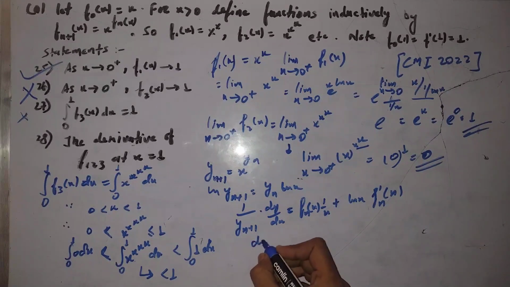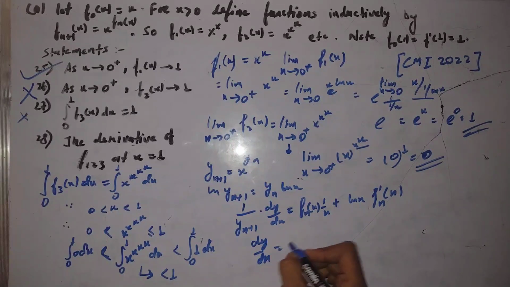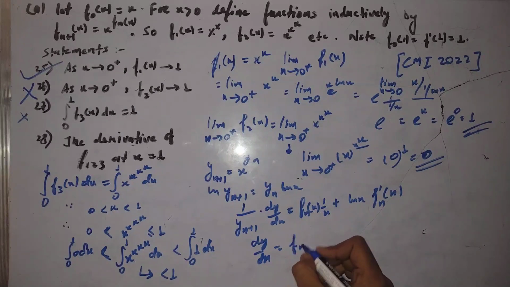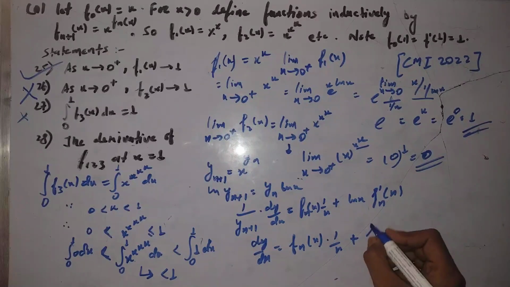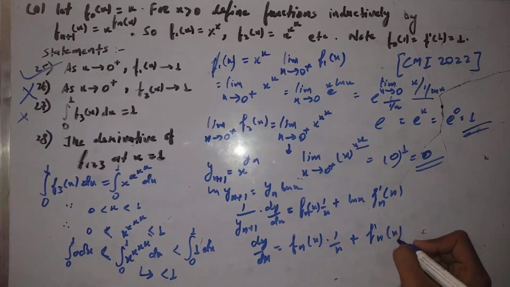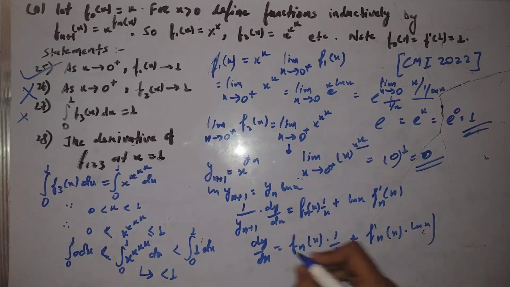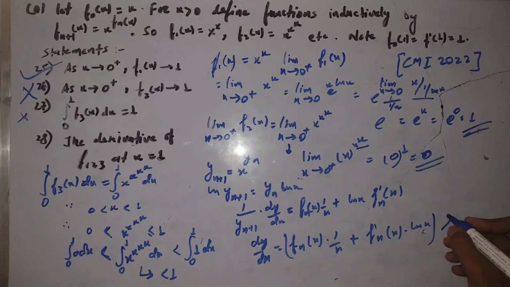Now dy by dx is fn(x) into 1 upon x plus f'n(x) into ln x, multiplied with f(n+1)(x).